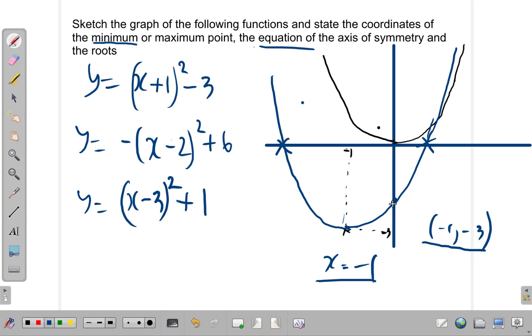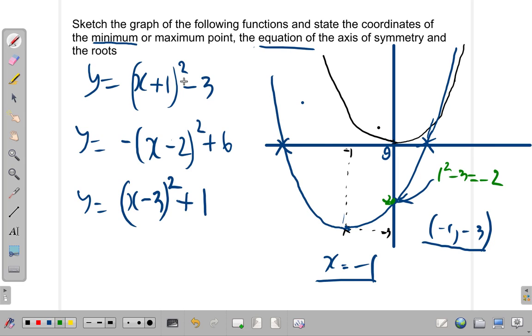At the y-intercept, x is 0. So if you make x 0, this would be what now? 0 plus 1 squared is just 1 squared minus 3, which is -2. It would be at -2 here.